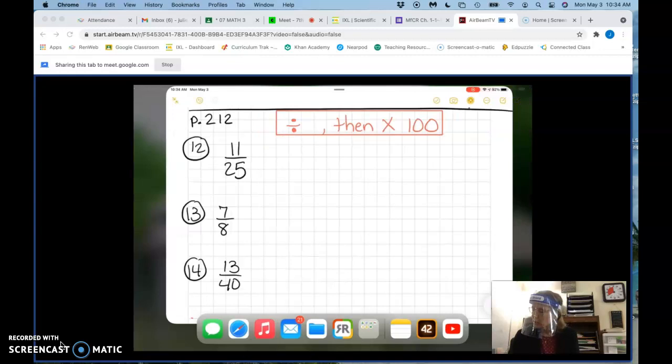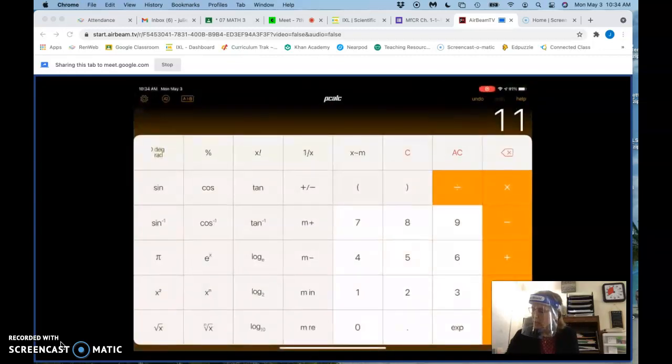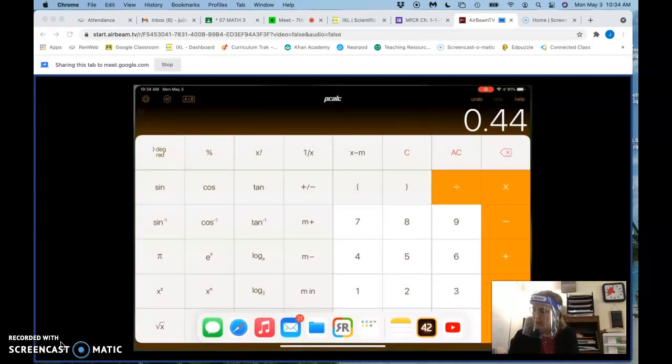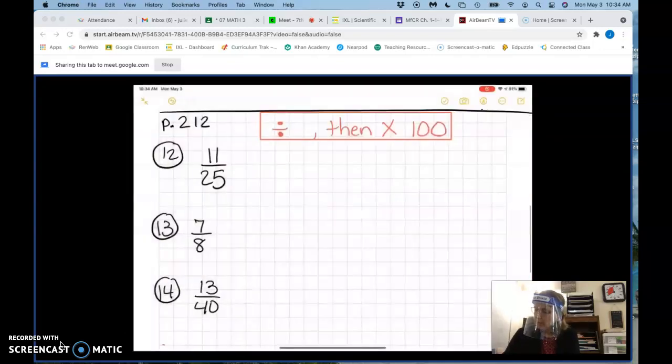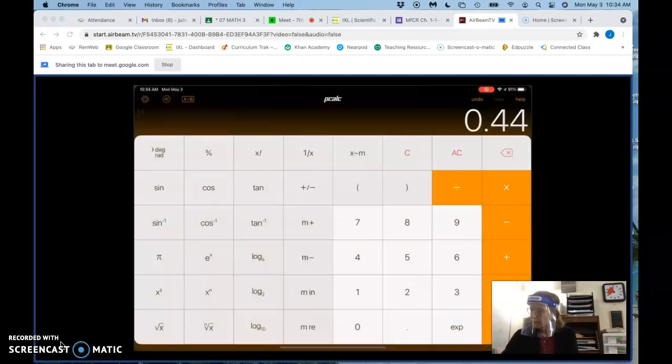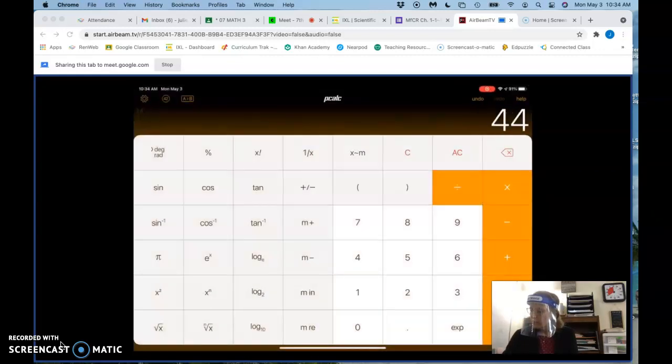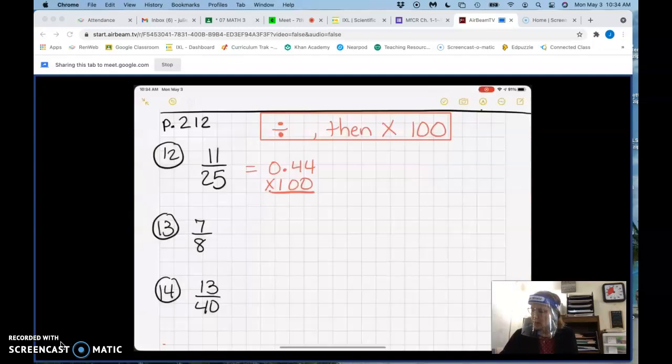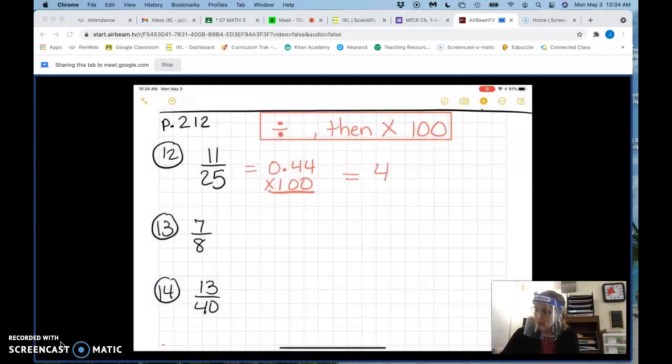So divide the fraction, 11 divided by 25, 0.44, and then multiply by 100, and I get 44. Remember, they said write it as a percent, so I'm going to include my percent sign.